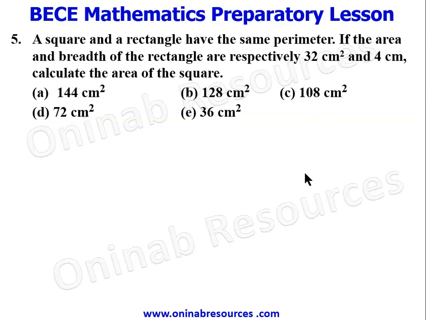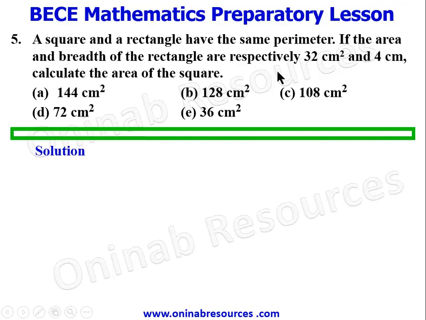For problem 5, a square and a rectangle have the same perimeter. If the area and breadth of the rectangle are respectively 32 squared centimeters and 4 centimeters, calculate the area of the square. To find the solution to this problem, we are given the area of the rectangle and its breadth.